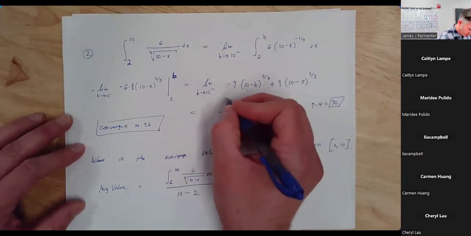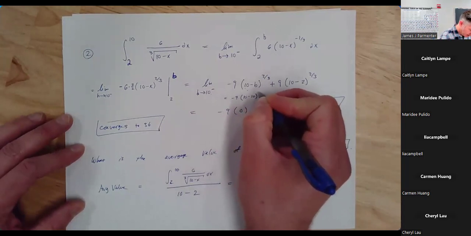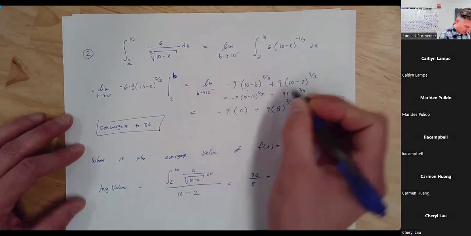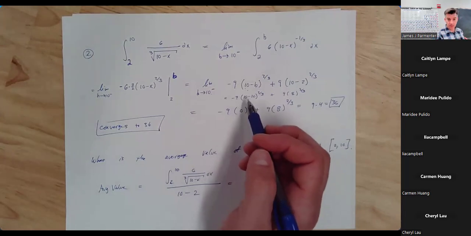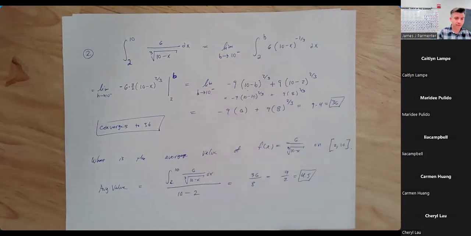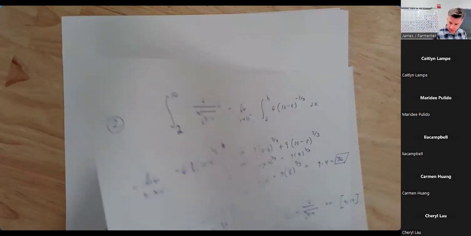So I could have written here that this is -9 times 10 minus 10 to the 2/3 plus 9 times 8 to the 2/3. So I'm just doing the thing we often do with limits, which is plug in whatever b is approaching. And then 10 minus 10 is 0, and 0 to the 2/3 is still 0. Oh, okay, I guess I got confused. Thank you. You're welcome. All right.